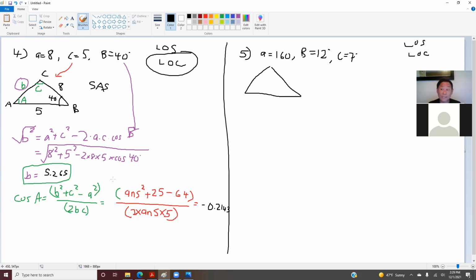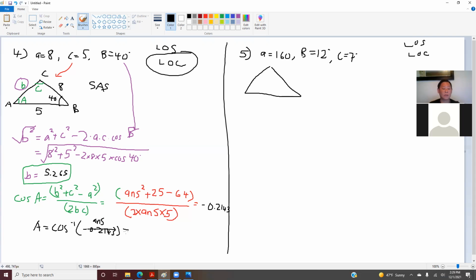Now this is not your answer because this is cosine A. So in order for you to find A, you have to do the arc cosine of this number, or in other words, ANS, because your ANS is this number.